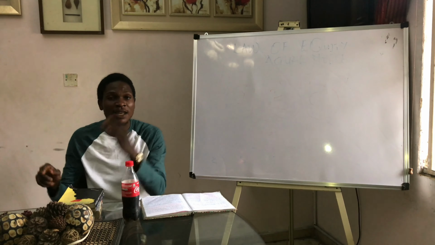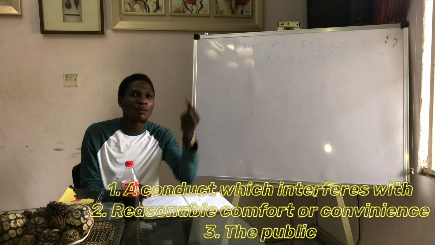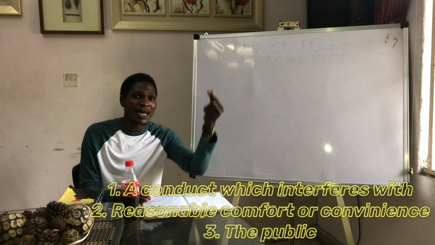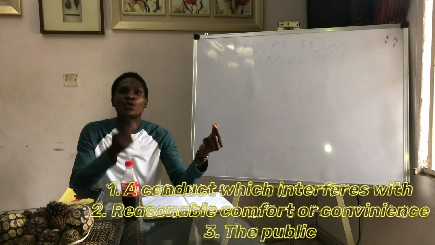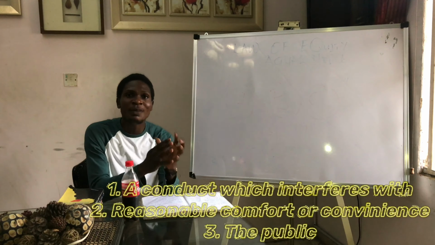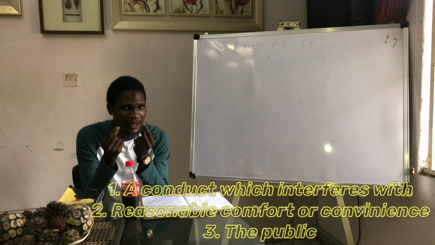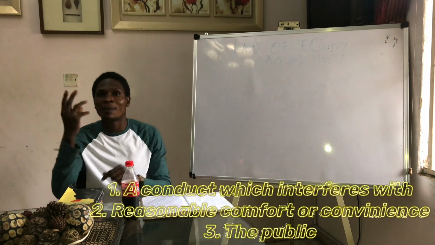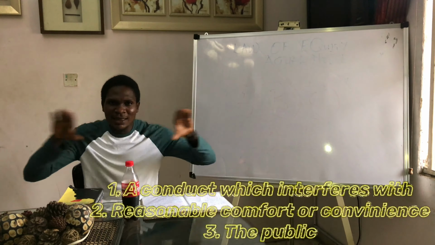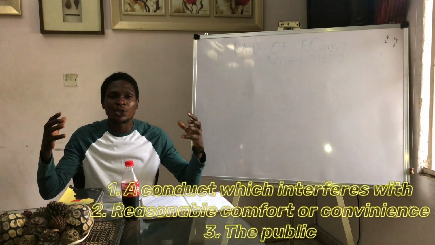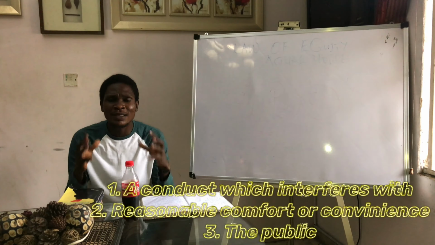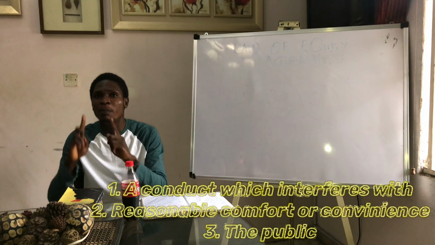Do you understand? Three things. The first one is that there must be a conduct perpetrated by a person or a group of people which is detrimental or which interferes with the reasonable comforts or convenience of, number three, the public. Those are the three things that must always be in your definition, or three things that you must always take note of when you are talking about public nuisance.